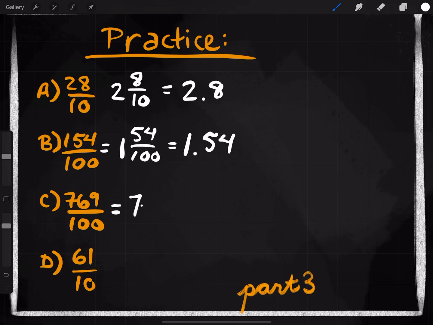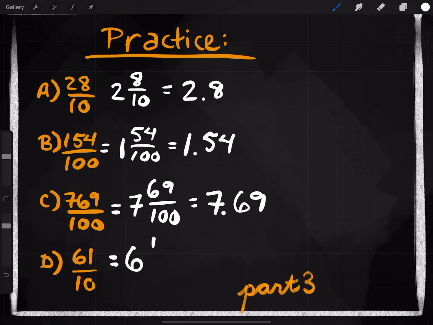Here we get 7 and 69 100ths. 7 and 69 100ths would be the decimal here. Here we get 6 and 1/10, or 6.1. Hopefully your answers checked out.